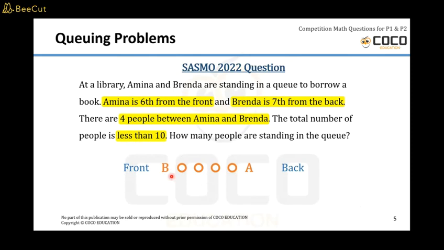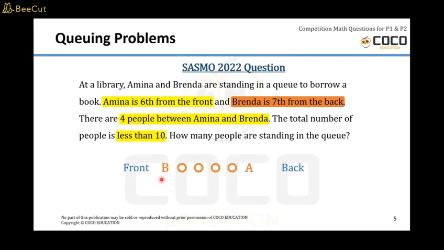Okay, since Brenda is over here, look back at these clues. Brenda is 7 from the back. So starting from here, count. She must be 7. We don't know how many people are here, so we can count backwards.